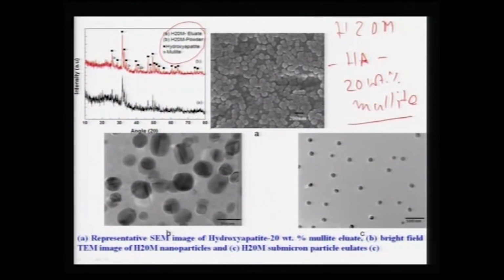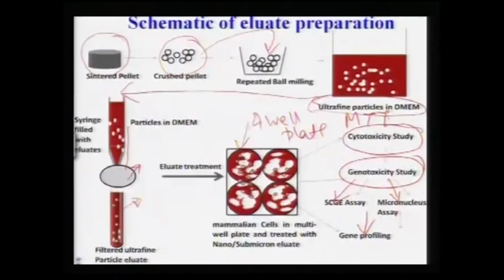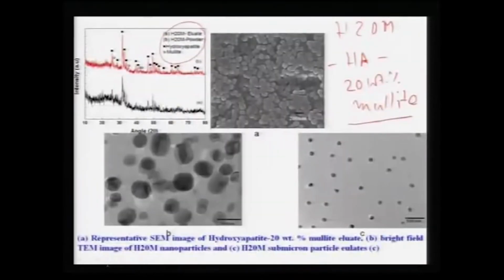Now, you start with that HA20 mullite, which is the sintered pellet. From this sintered pellet you crush it, put it in ball milling, and then filter it, and then you make the DMEM, the ultrafine particle loaded DMEM solution.